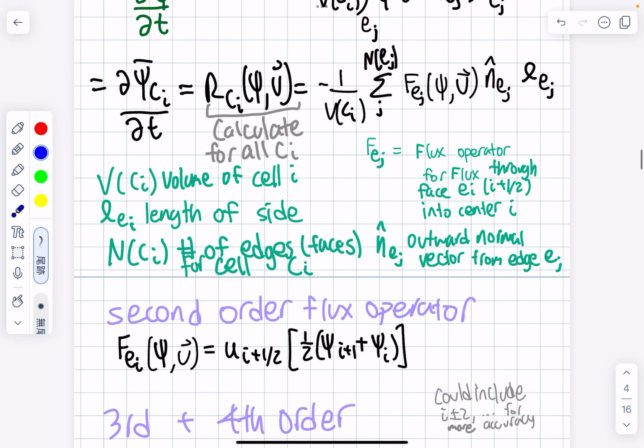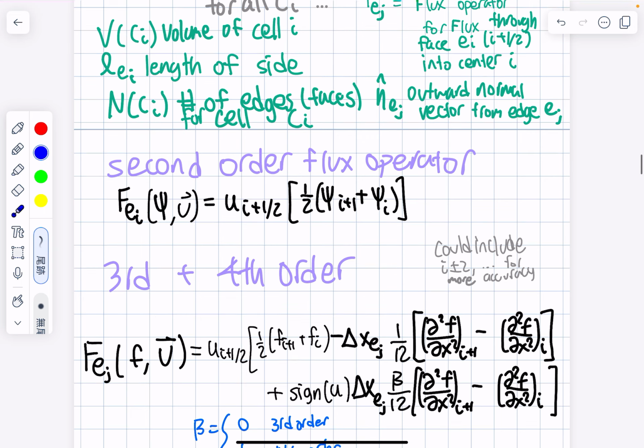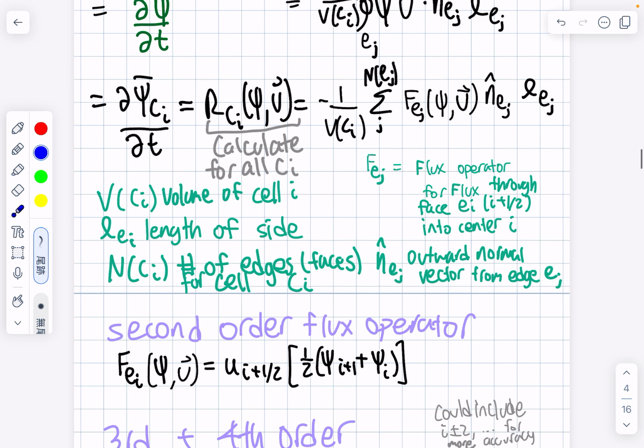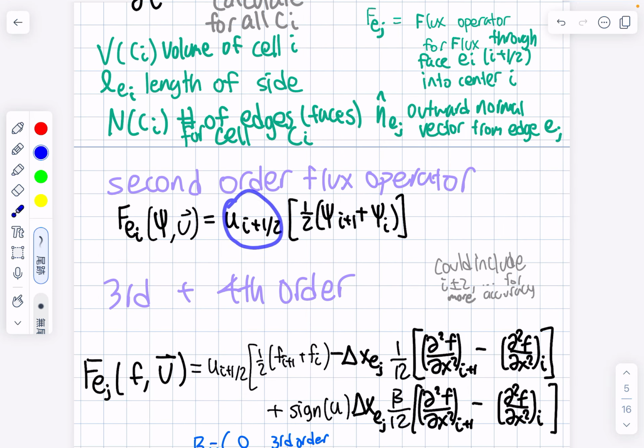And so what is this flux operator? Here's the second order version. So i plus 1/2 is stored at the edge. That's good, that's where we need our flux to be. If we didn't have this scalar, it would simply be the velocity on that edge.